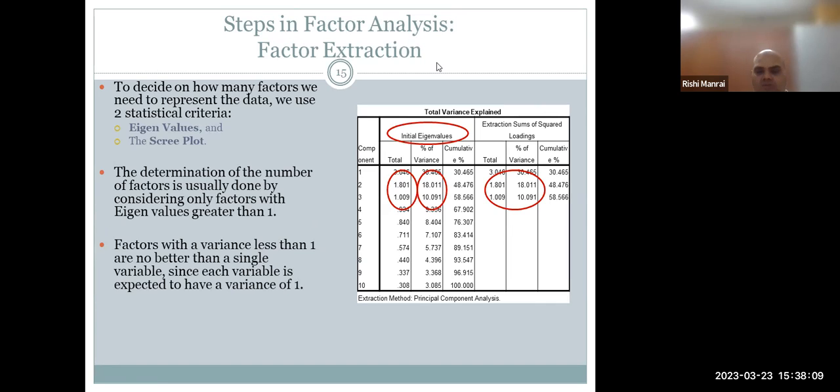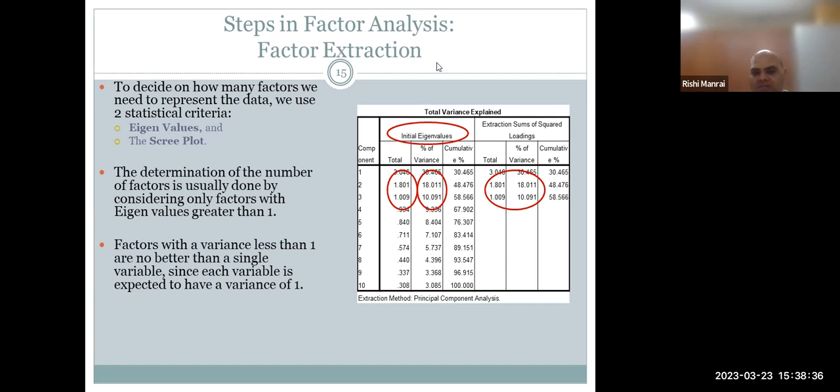When you talk about the eigenvalue, for all those eigenvalues which are more than one, we will consider the factor as significant. On the right hand side of this slide, I have shown you a figure. This is one of the outputs of the factor analysis. Once you have run the factor analysis using the principal component analysis method, this is the output which you will receive.